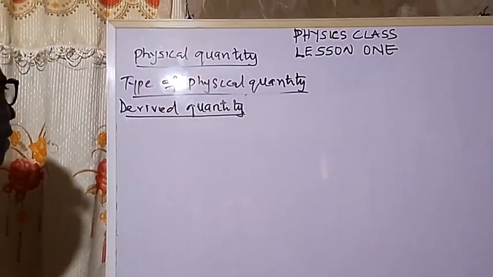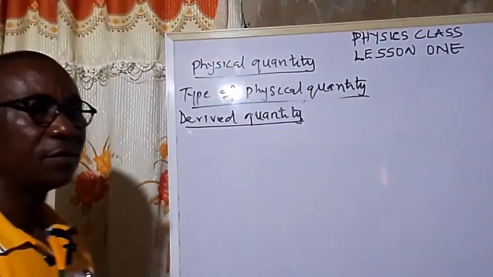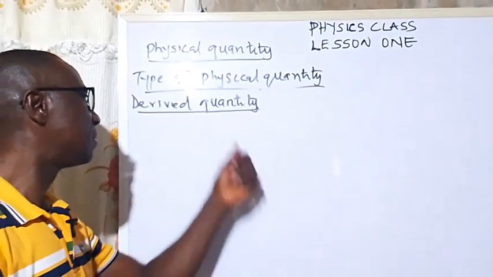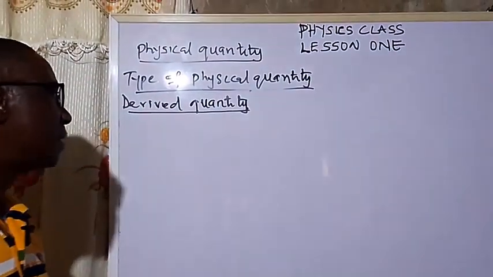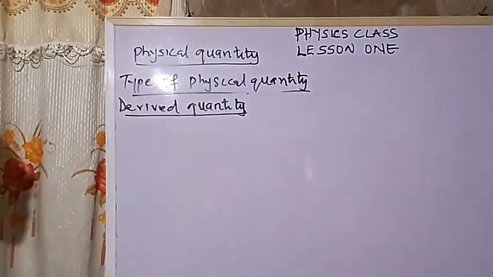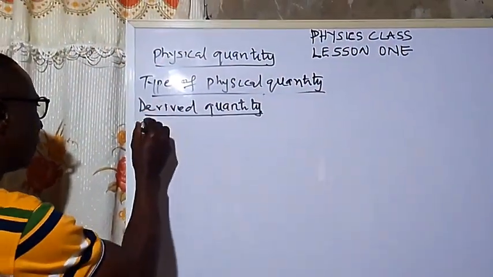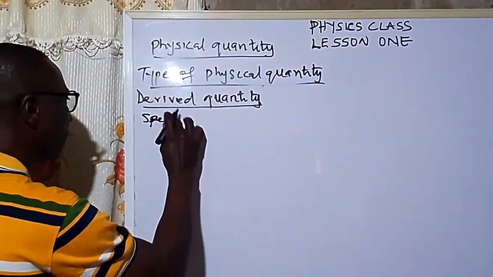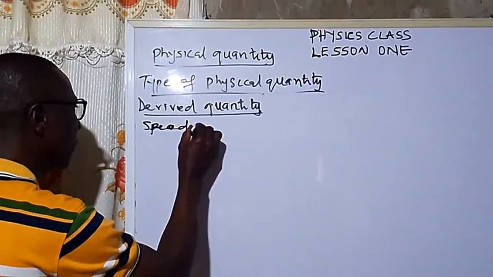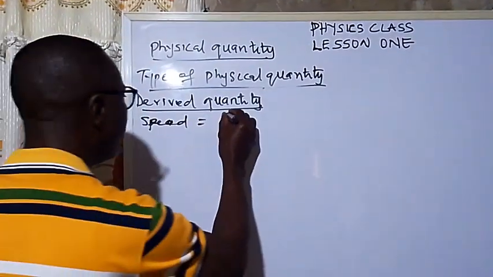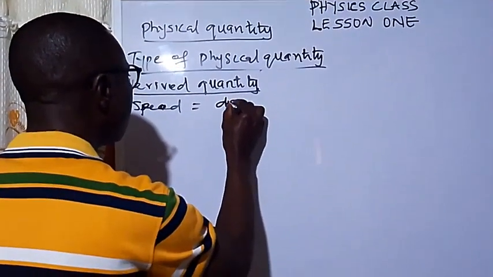That is, when you combine two or more fundamental quantities together, what results is derived quantities. A typical example of derived quantity is speed.